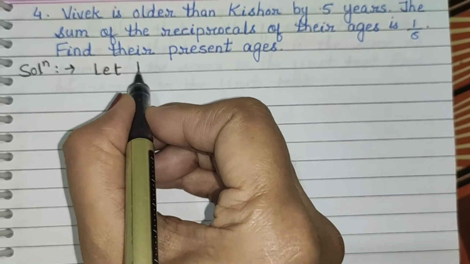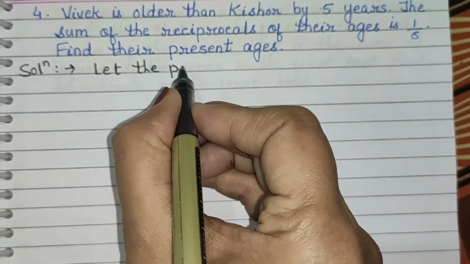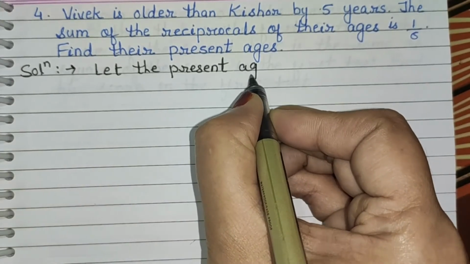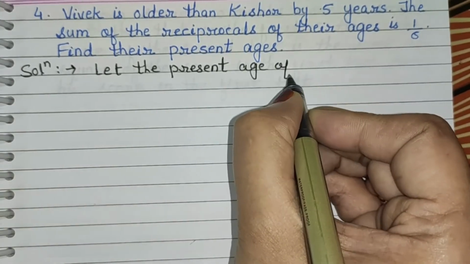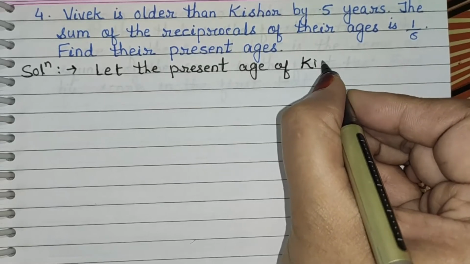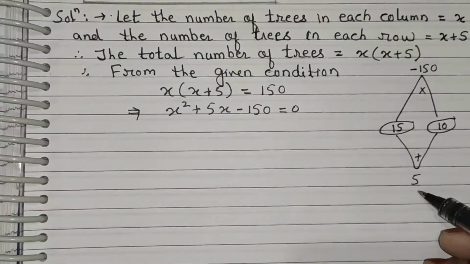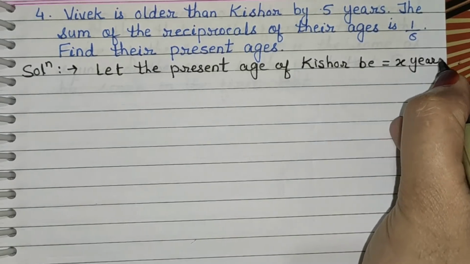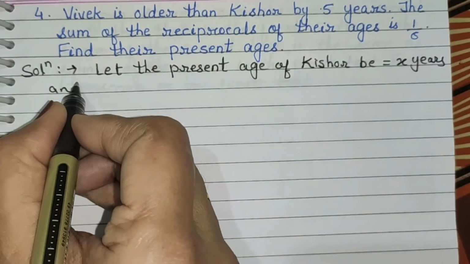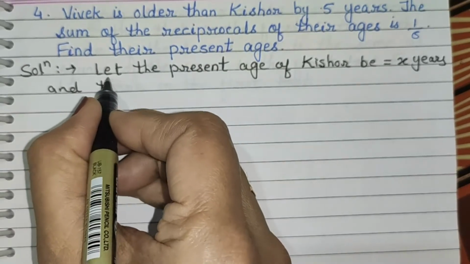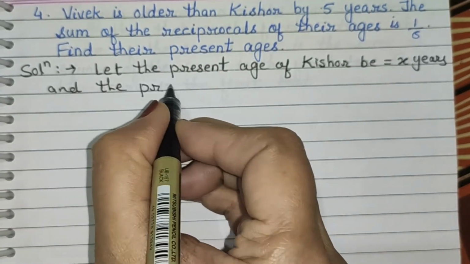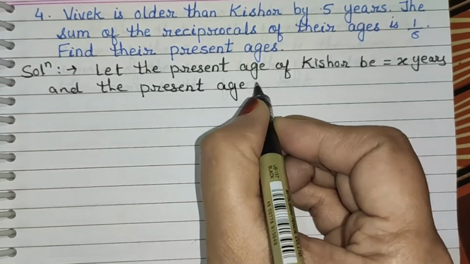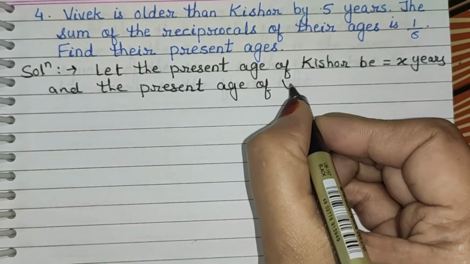Let the present age of Kishore be x years, and the present age of Vivek.